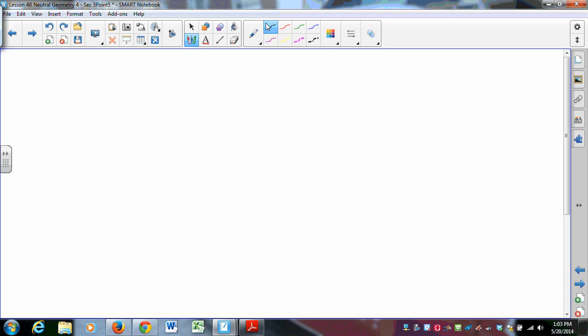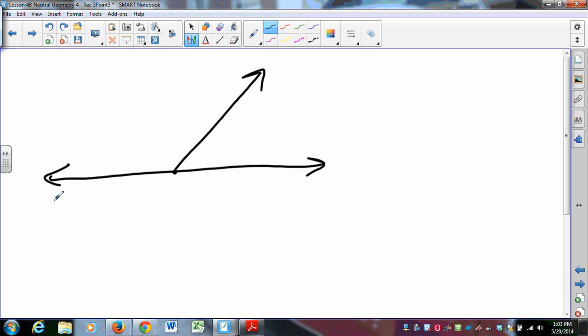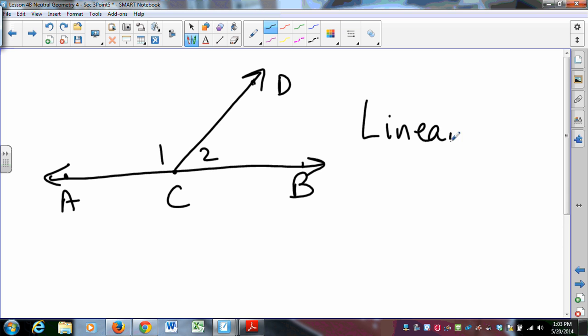Because we have angles and angle measures and things crossing, we should revisit a picture that should be familiar from high school. So you have A, B, C, and D, and you have these two angles right here, and we called those two angles a linear pair.